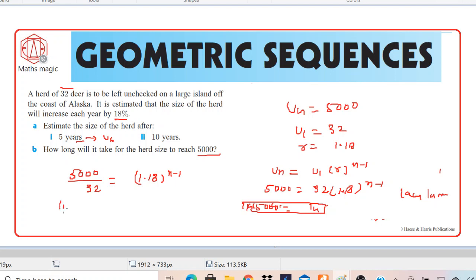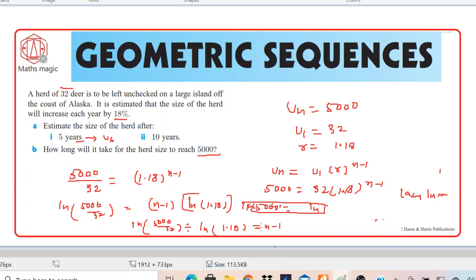Now we can take ln, so it becomes ln of 5000 upon 32 is equal to n minus 1 times ln 1.18. Now to find n, we have to shift ln 1.18 to the other side, so n minus 1 is equal to ln of 5000 upon 32 divided by ln 1.18.